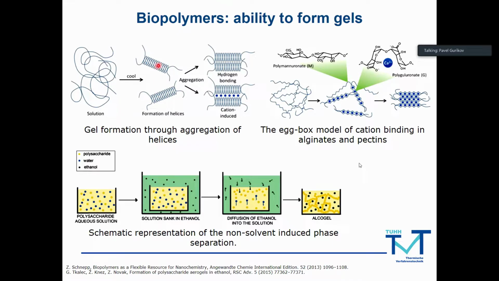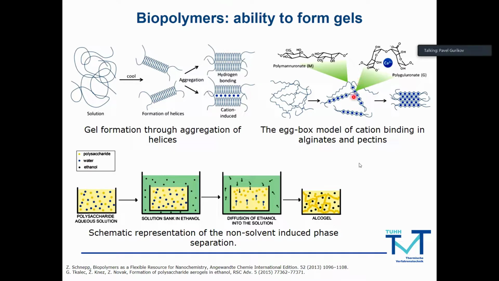We're talking often about physical gels. So in physical gels, polymer molecules just self-agglomerate because of hydrogen bonds. They can be also chemically induced gelation. So you can introduce cations, for example, in case of alginate, you have to introduce calcium 2 plus or divalent cation, which cross-links, say, two polymer chains.